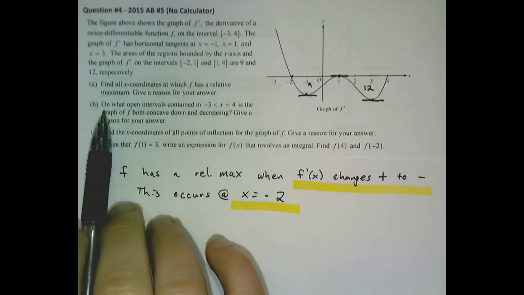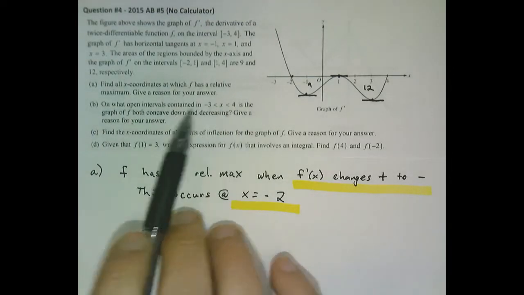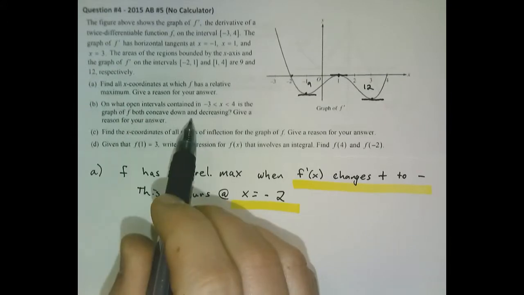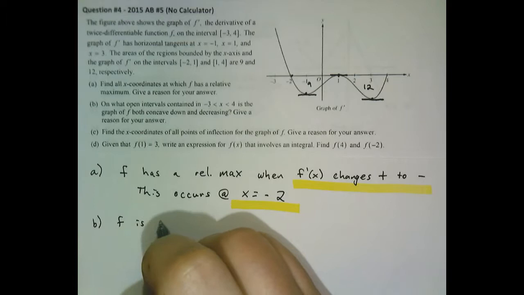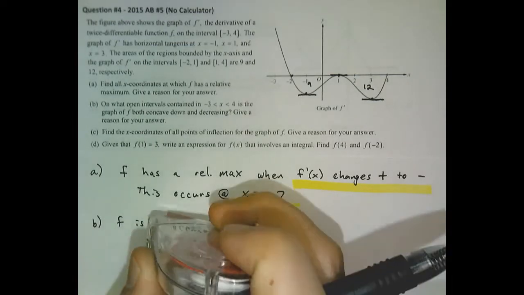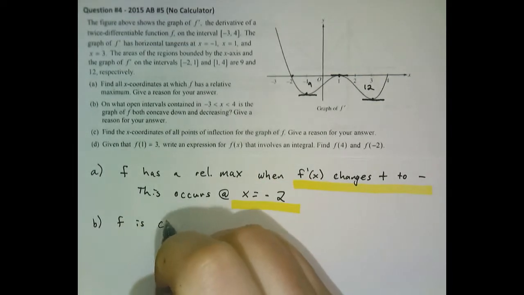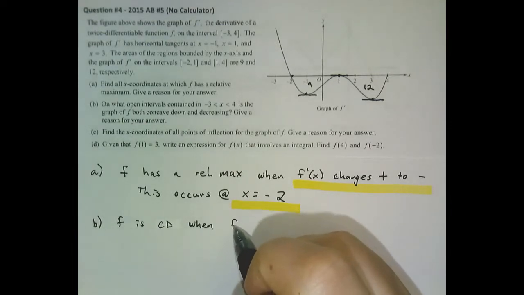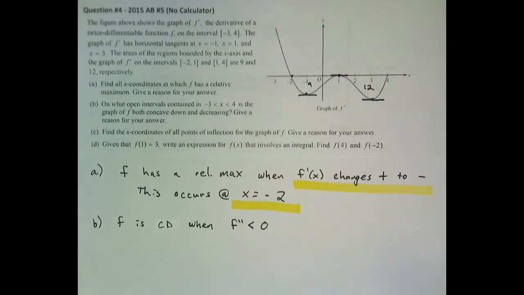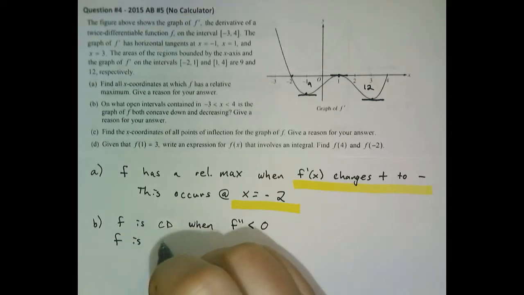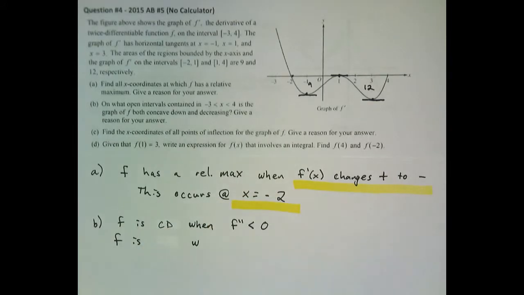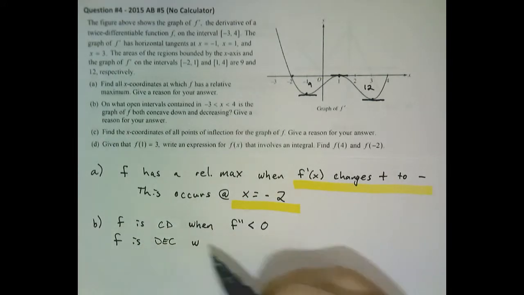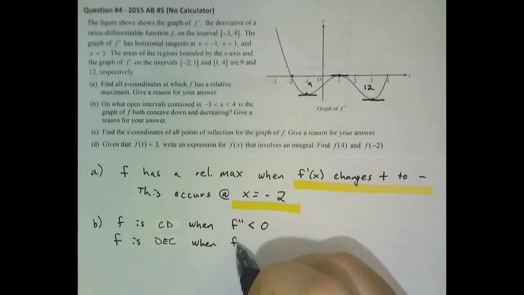Part B says, on what open intervals in -3 to 4 is the graph both concave down and decreasing? So f is concave down when f prime prime is negative, and we want f decreasing when f prime is negative.